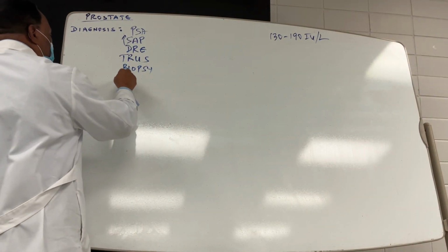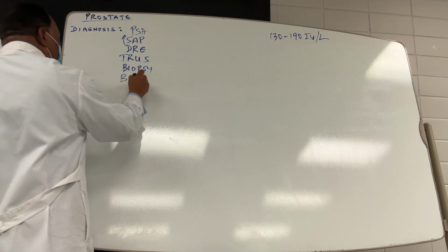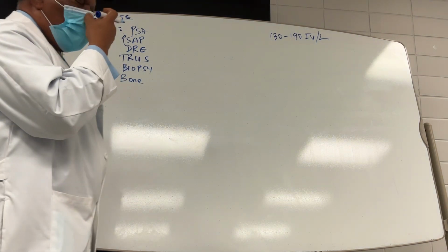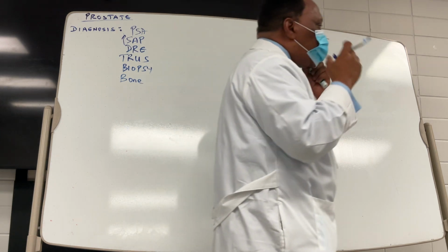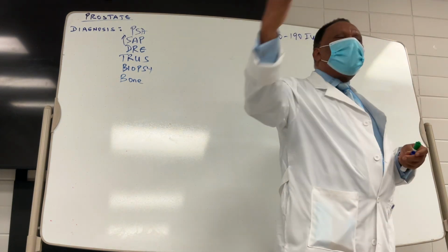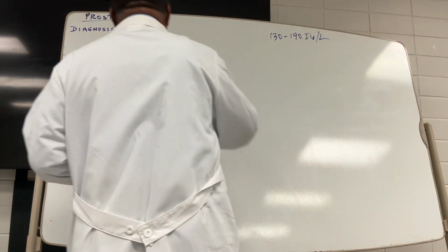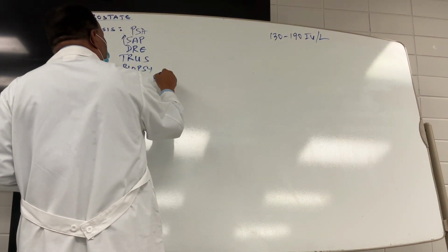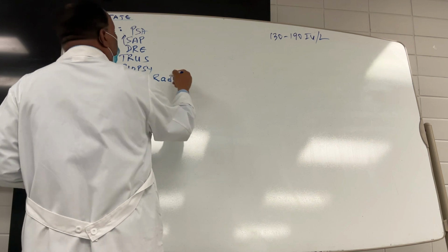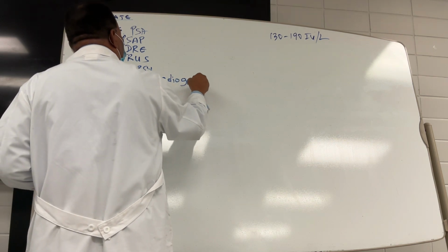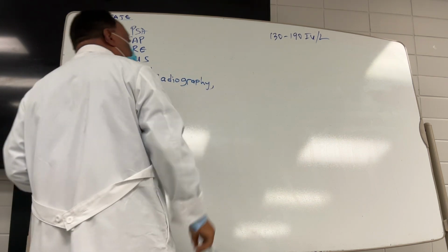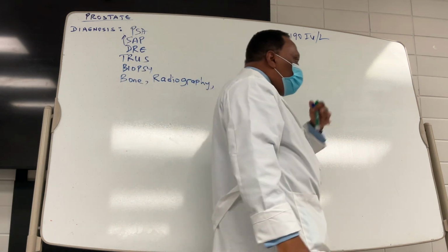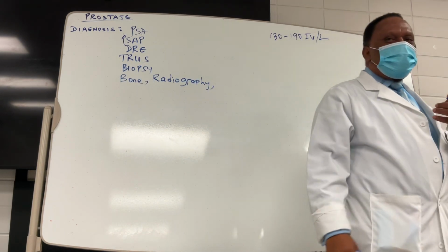Okay, and then you can do some bone scan. Bone scan, again, this is to determine metastasis. Okay, and one can do a chest radiography. That would be to detect metastasis to the lungs.